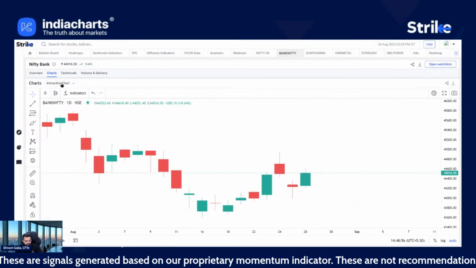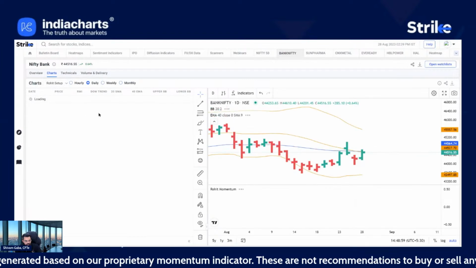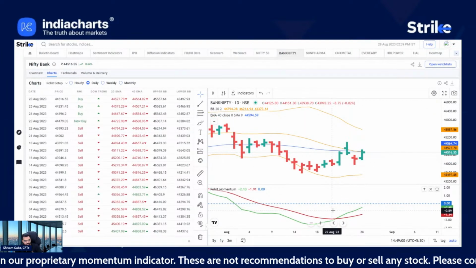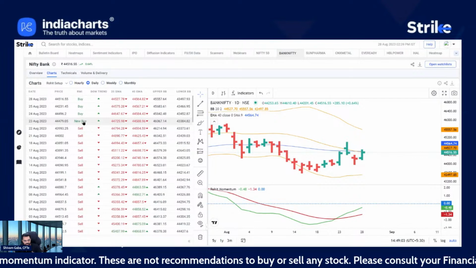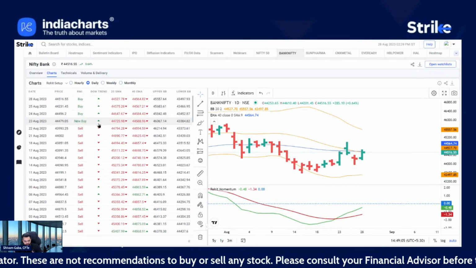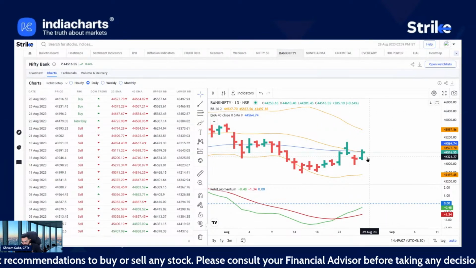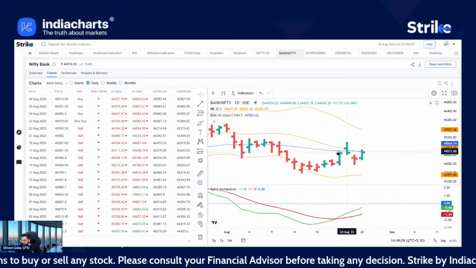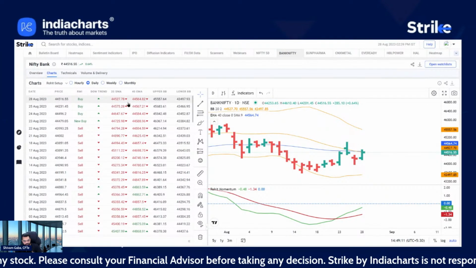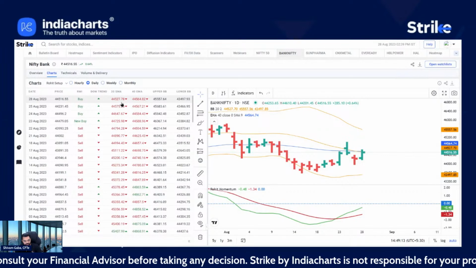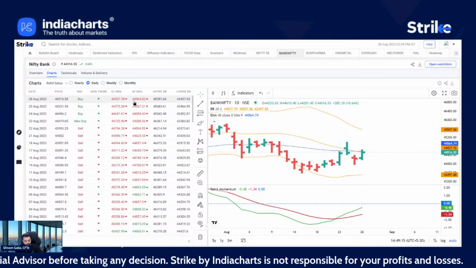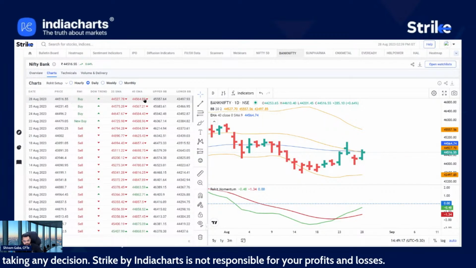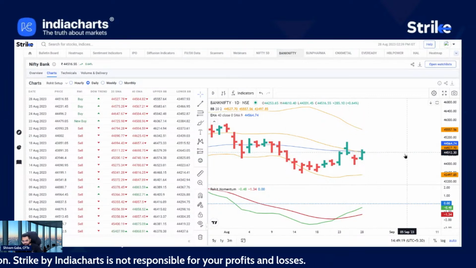If we look at the setup, we already had the RMI signal around 2-3 sessions ago, and the downtrend also switched to buy, and now we are right at the daily averages. So if we close above these two levels, that is 44,527 and 44,564, that is where all four parameters get positive on the daily chart.